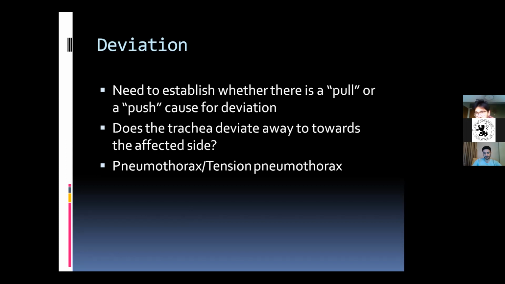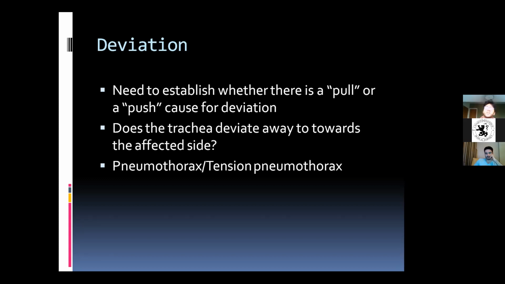Oftentimes this happens because there is some kind of breach in the chest wall, or sometimes in long, thin males, it's very common that it happens because you have sudden ruptures of the alveoli network, and therefore you have air going into the intrapleural space itself.